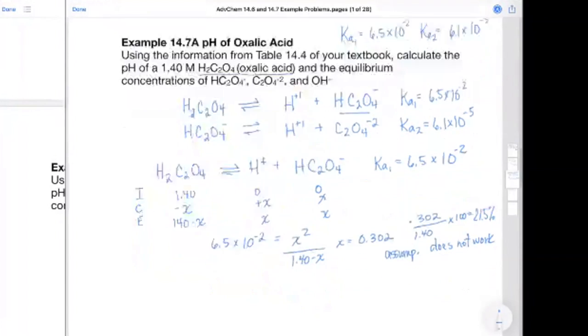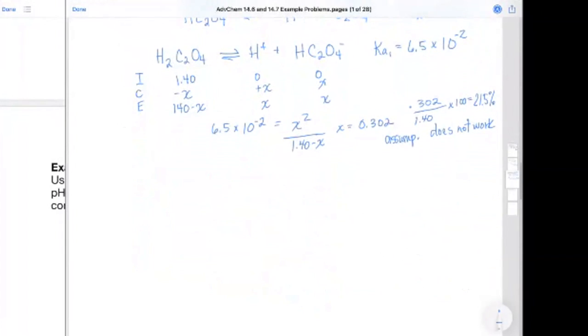So we will have to go back and calculate this equation using the quadratic equation. So when you get all your math complete for this, you get a quadratic, oops, it's not a minus.